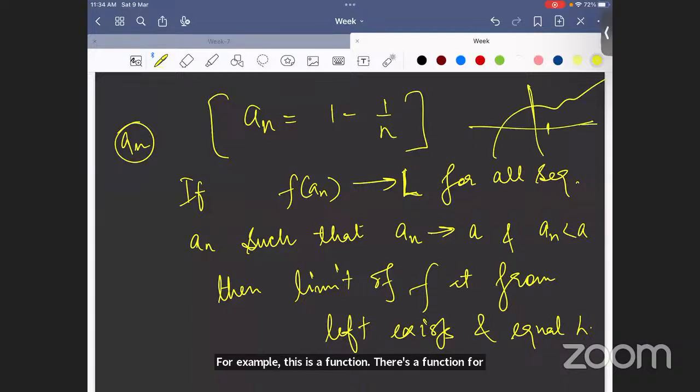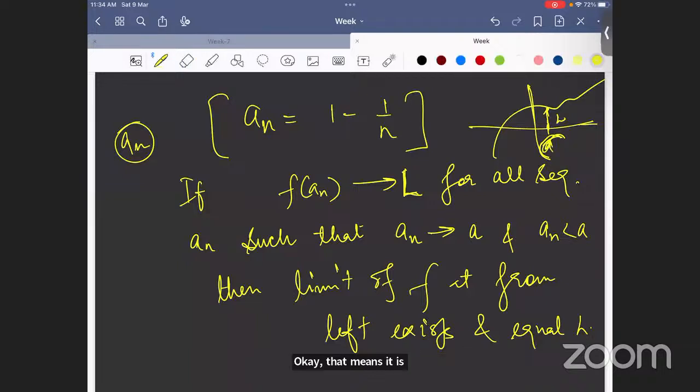If for all the sequences an there is a real number L such that f(an) tends to L, it's not the exact value, but it is tending to L. So this an sequence is tending to some value a, which means it is converging to a.